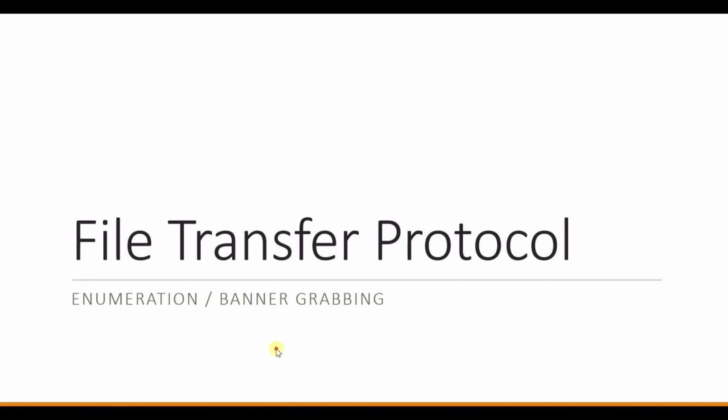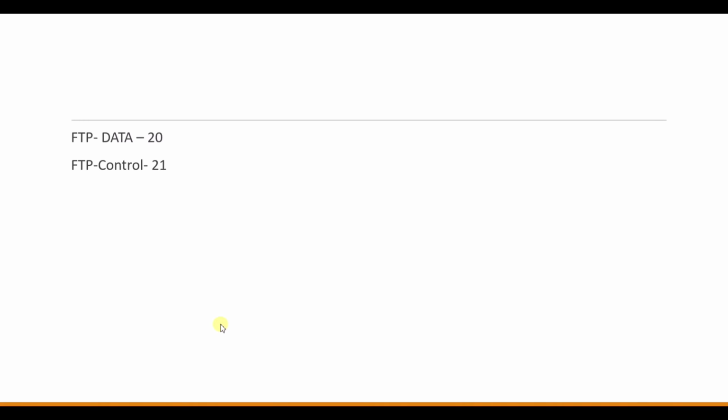Here you can see on my screen that there are two ports on which FTP works. The first one is FTP data, port number 20, and for FTP control, port number 21. Now, what is the difference between these two ports?